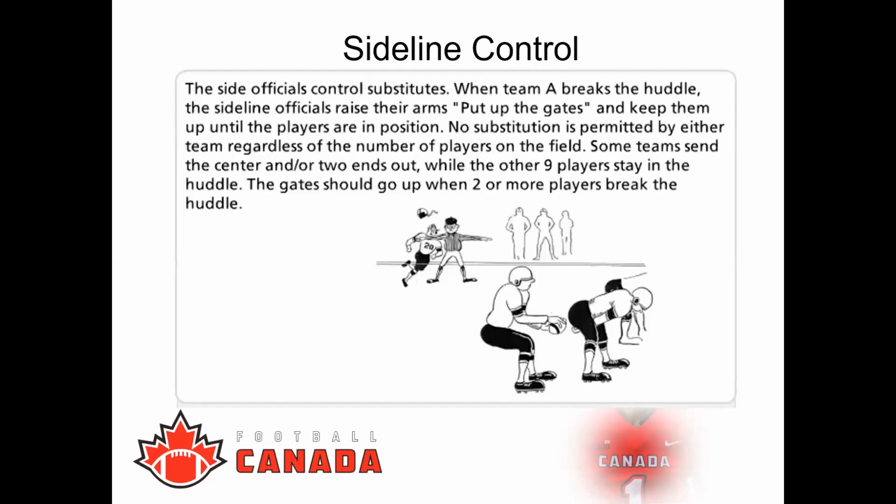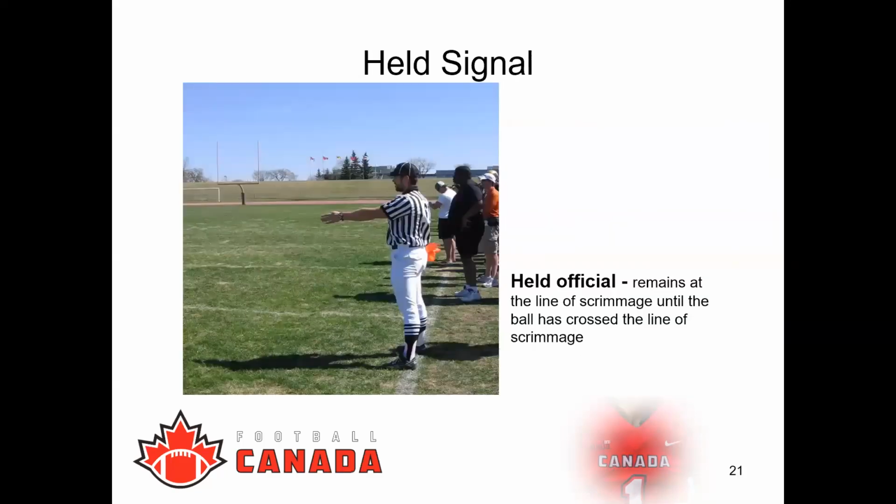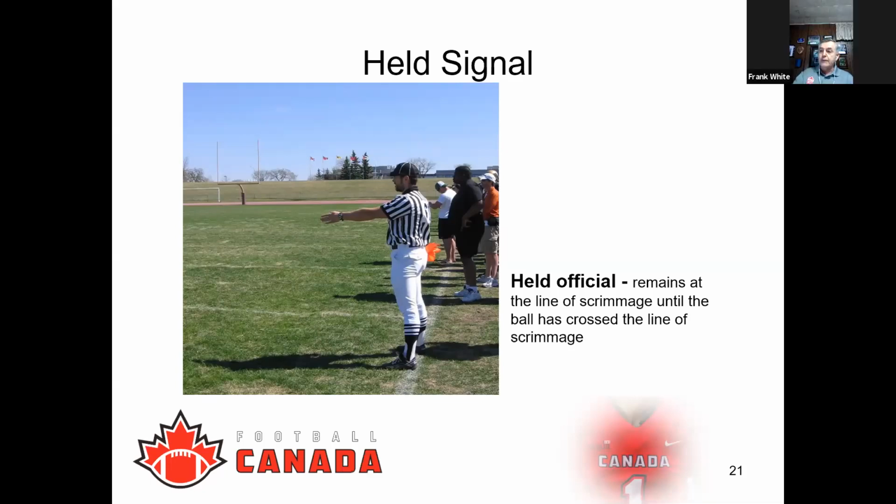Just a quick question. Sure. It seems ticky-tacky, but I just want to clarify. Last year when we were doing it, the free official was pointing downfield, and the hold official was pointing in the backfield. The technical signal is that the hold official is pointing straight ahead towards the line of scrimmage, meaning that he's staying right there.